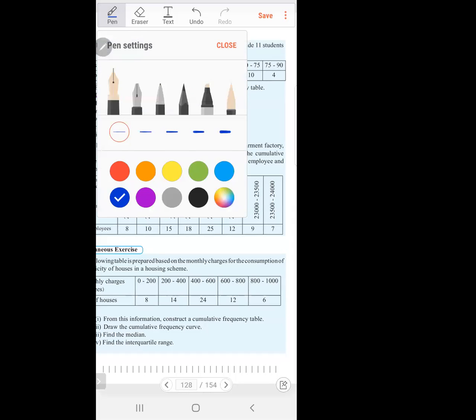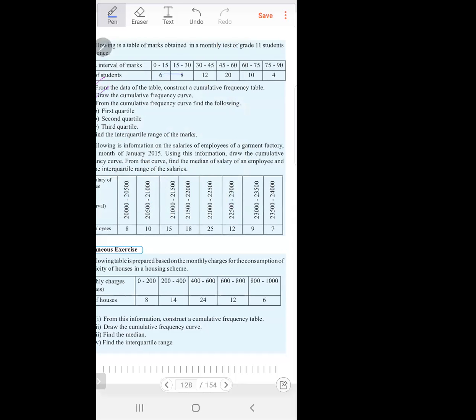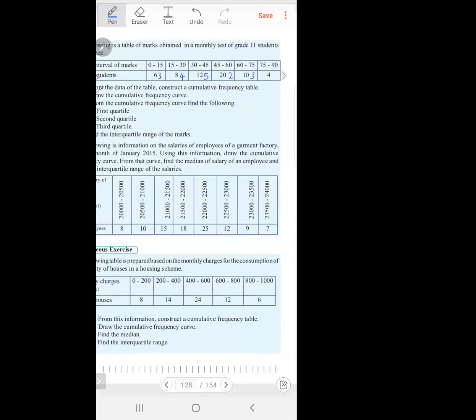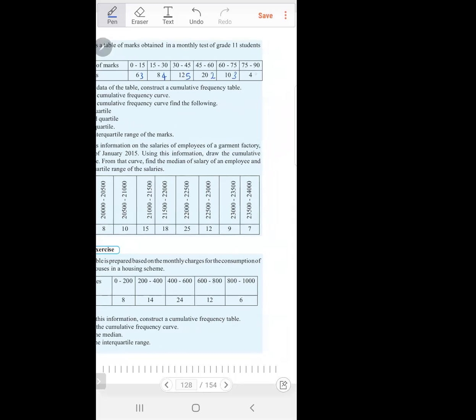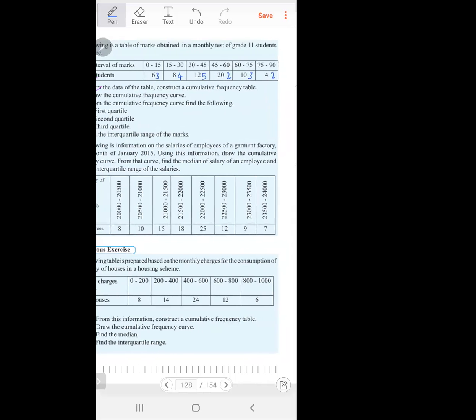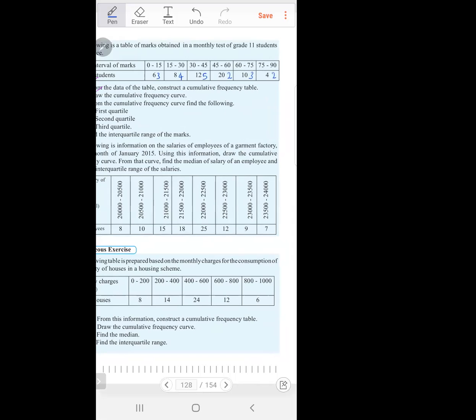The data I give is: this is 3 and this is 4 and this is 5 and this is 2 and this is 3 and this is 2.